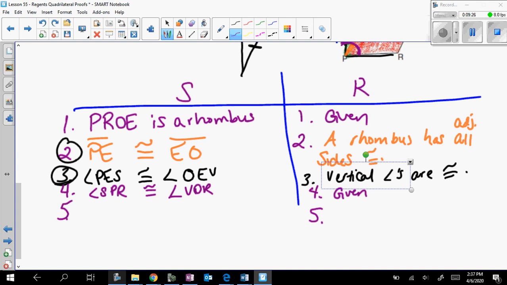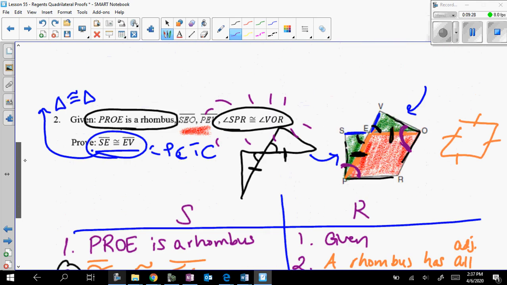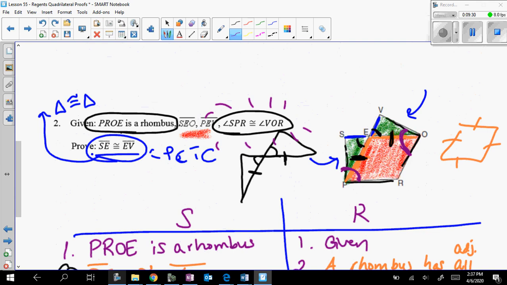The answer is subtraction postulate. Is there any way that I can take this out and take this out so that all that remains are the little purple angles in the triangles? All I want left are those little purple angles. So in order to get that, I've got to subtract out the blue parts.